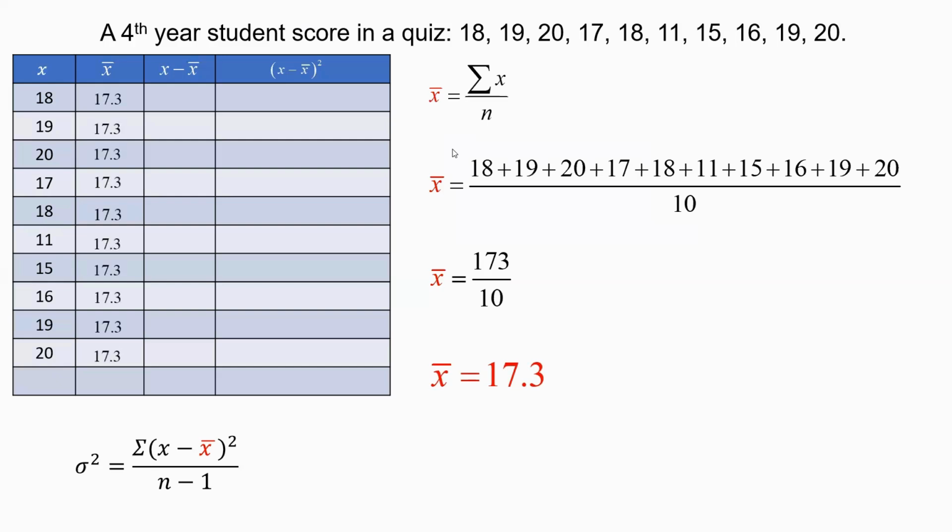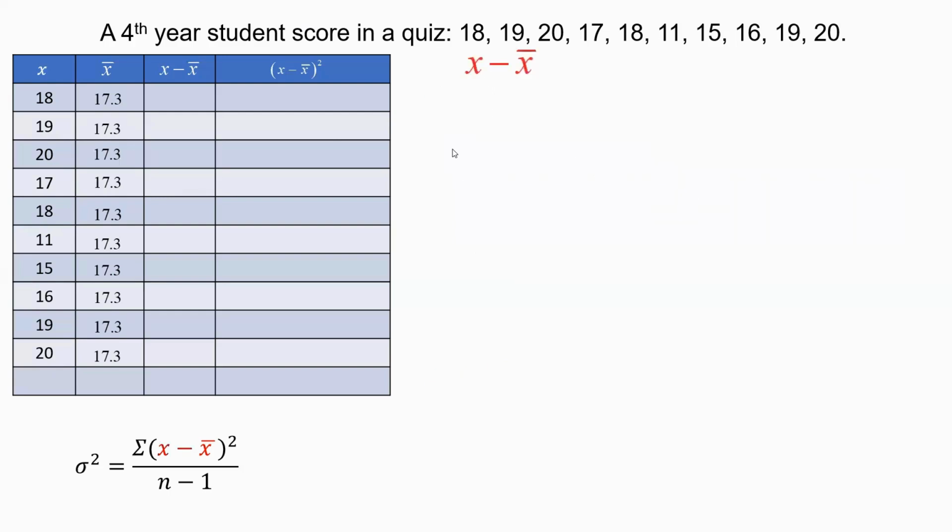We are going to rewrite that in our second column. Now we are down to the third column, which is x minus the mean. On the first row, we have 18 minus 17.3, which is equal to 0.7.